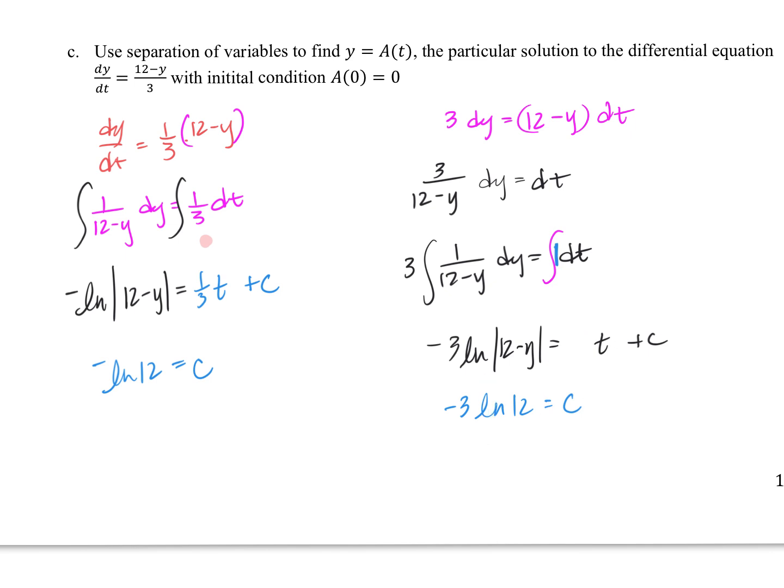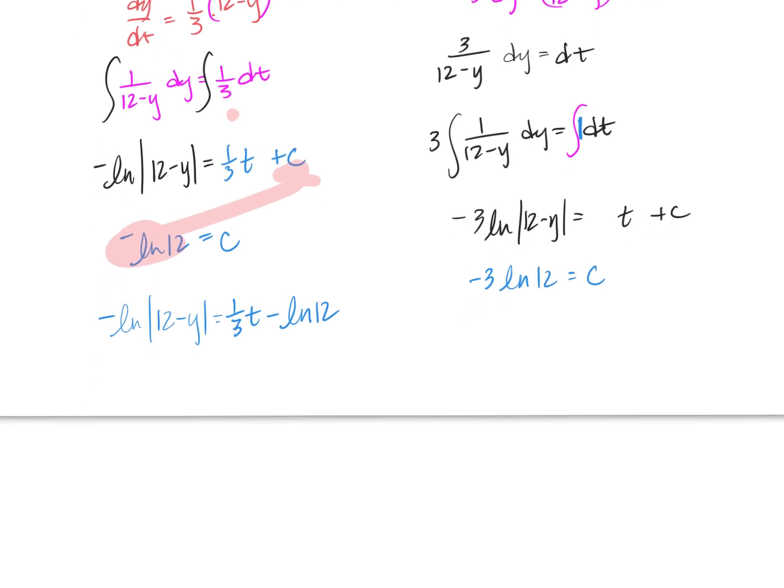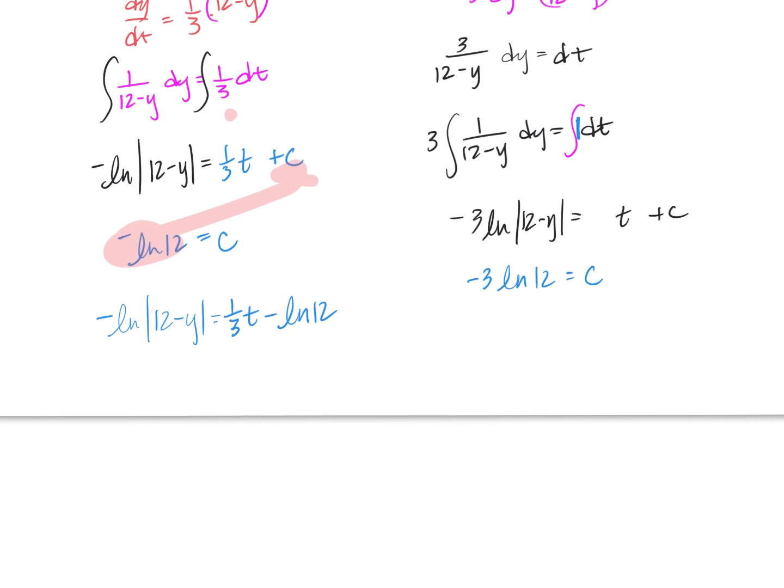So, if we've got that as my c, we've got negative ln of 12 minus y equals 1/3 of t minus ln of 12. And then, can you e that? I can't e until I get rid of this negative. We can't e until I have a positive natural log. So I'd have ln of 12 minus y equals negative 1/3 t plus ln of 12.